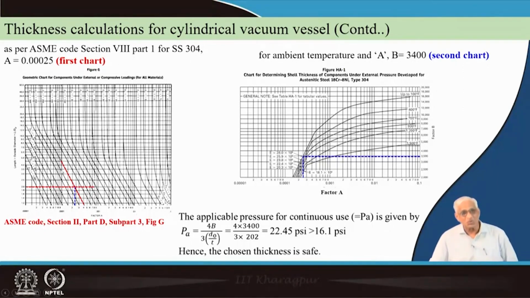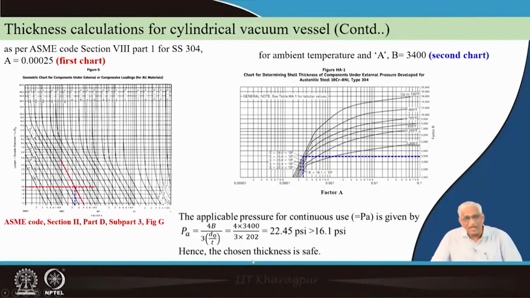From there, go to these curves, find out the A factor. Use that A factor and finalize the temperatures to which the vessel is subjected to and the material with which the chamber is made. Then go to the second chart and get another parameter called B parameter. Once you get B parameter, now it is a child's game.